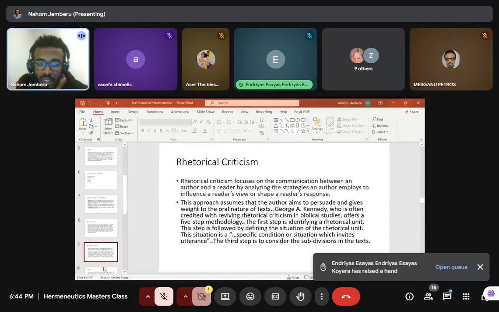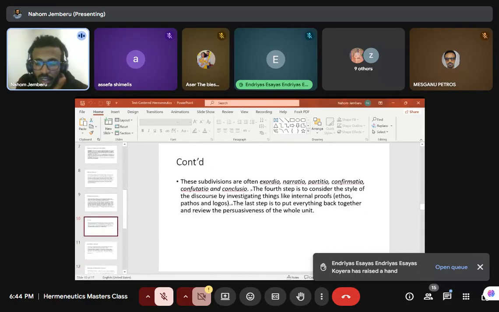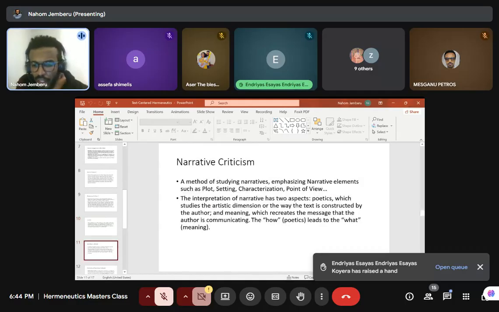So these kinds of methods are included in the text-centered approach. There is also what we call narrative criticism. Narrative criticism is not an author-centered approach. It's a text-centered approach. So narrative criticism tries to study the narrative of a certain story. It emphasizes how the plot is being constructed.